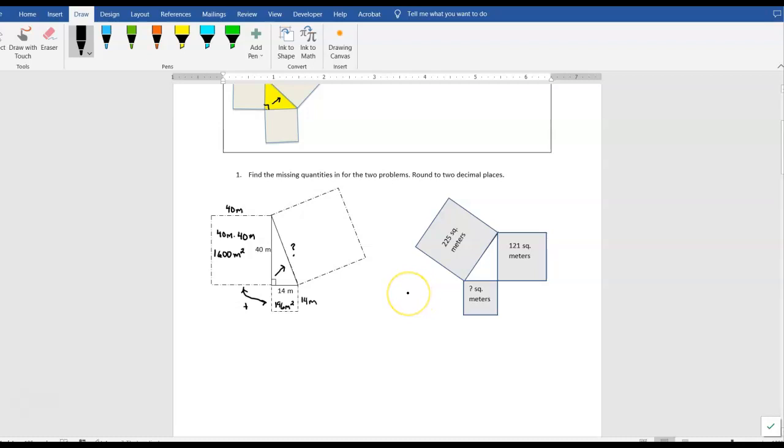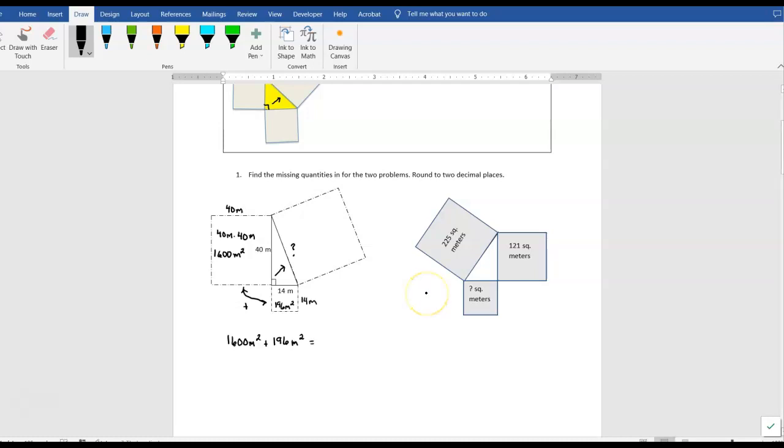The length of this diagonal is going to be one of the sides of this particular square. So we have 1,600 square meters plus 196 square meters.